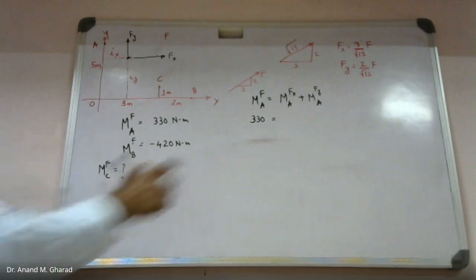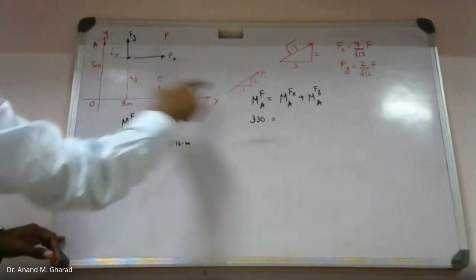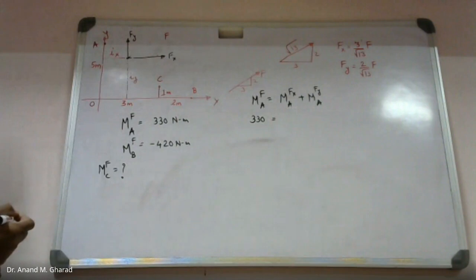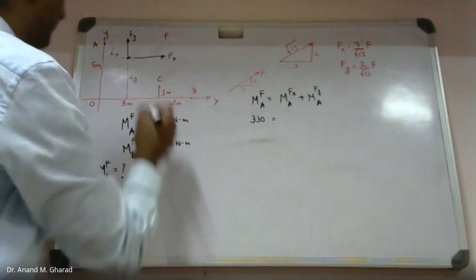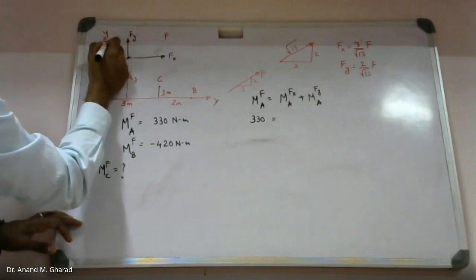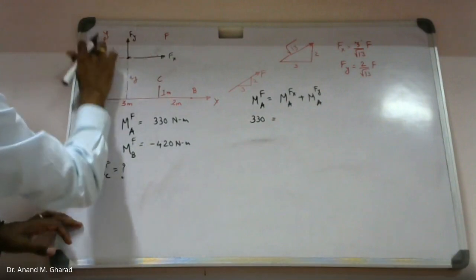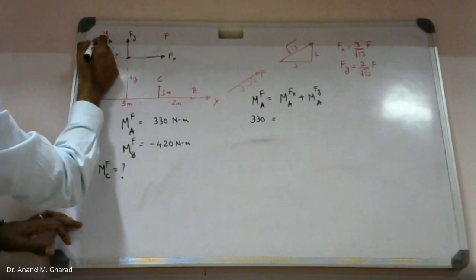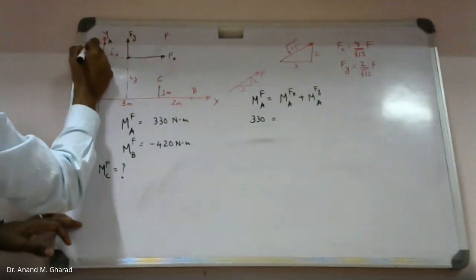Okay. Now take moment about point A due to Fx. What will be the value? How much will it be? Exactly. So you can see this much distance. How much will it be from here to here? This is 5 minus iy.